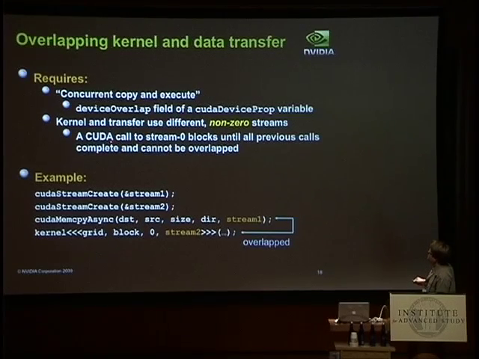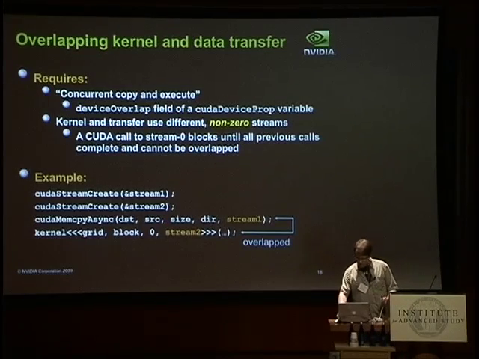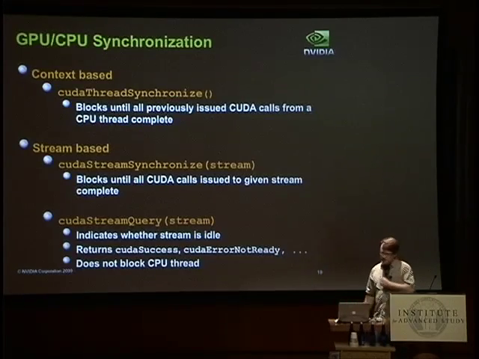And stream 0 is special in that anything that calls stream 0 blocks everybody else and can't be overlapped. So here's the example. You can create a stream 1, you can create a stream 2. The asynchronous memory copy would be in stream 1, and the kernel would be declared in stream 2, and then those can go on at the same time. Okay? So such things can be done.